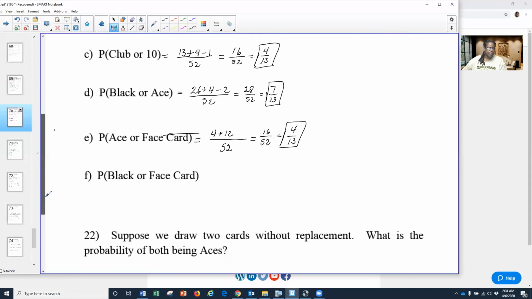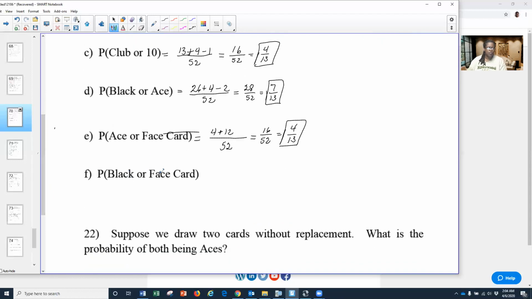Then we have the probability of a black or face card. All right, so probability of a black card. Now remember, we got 2 suits that are black, so that would be 26. Then we have face cards. We know that we have 12.